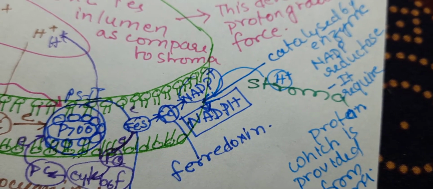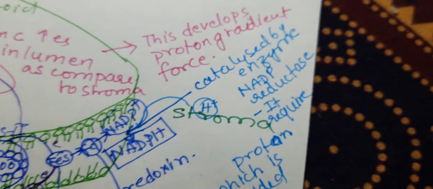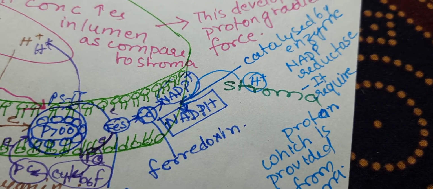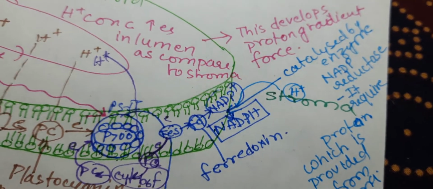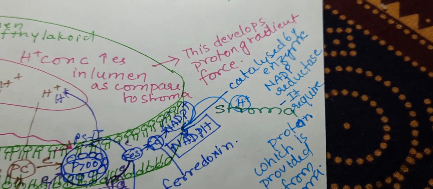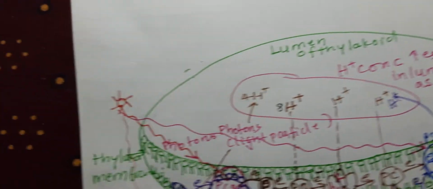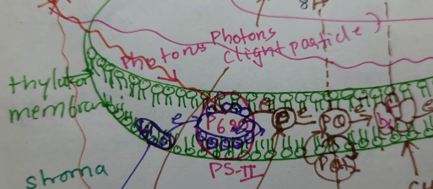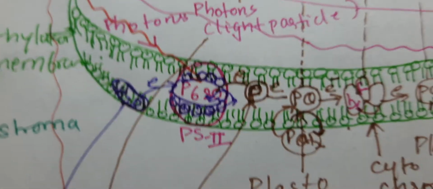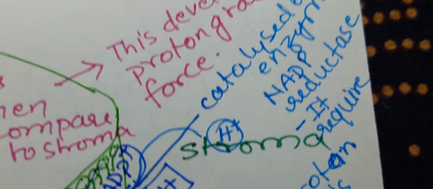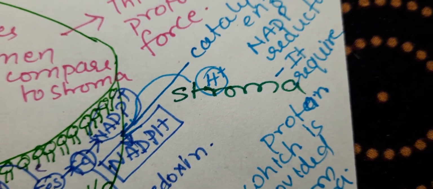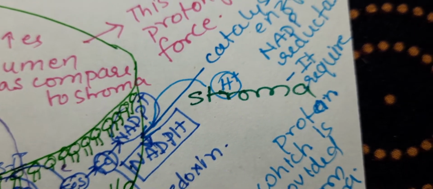The NADP is converted into NADPH by the enzyme NADP reductase. So the electron which is excited from P680 is finally accepted by NADP here. So the final acceptor is NADP.